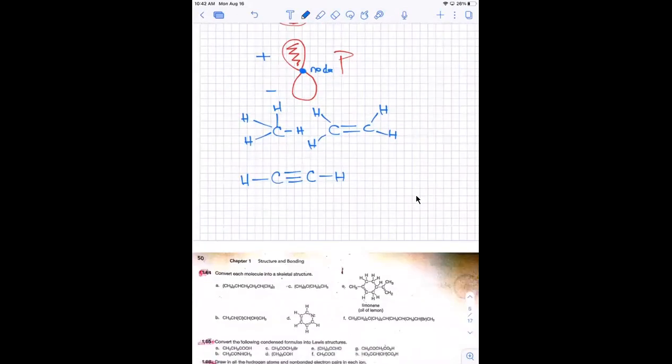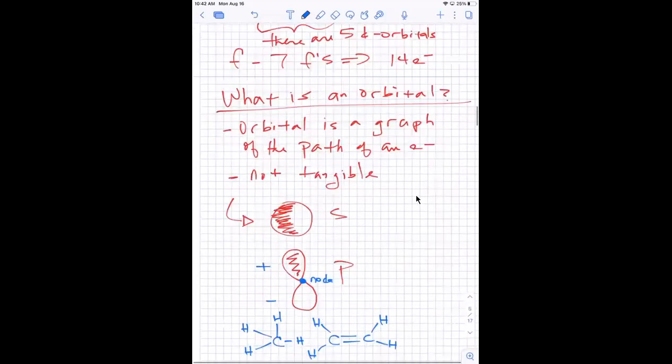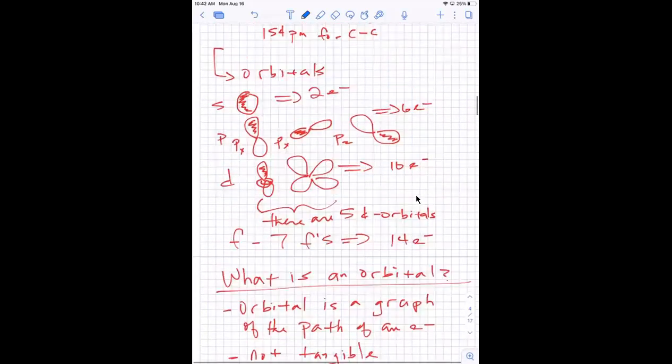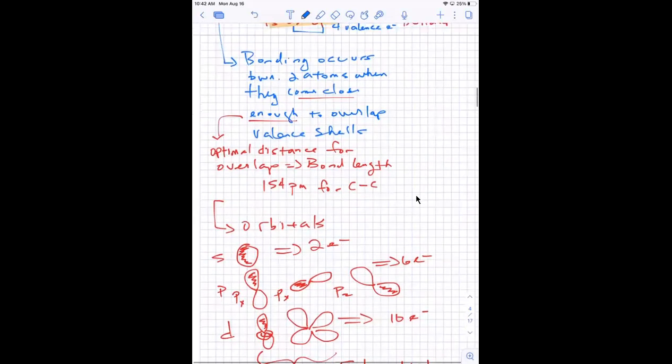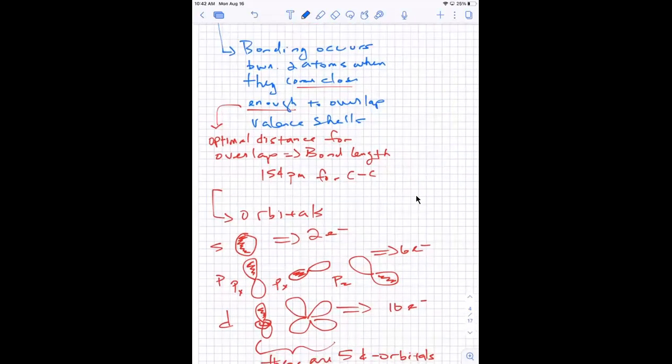And the reason that they're possible, there's a theory that discusses how these different conformations of carbon are possible, or how these different structures are possible. And that is based on everything we just talked about. It's based on orbitals, it's based on orbital overlap, and it's also based on the electron configuration for carbon.